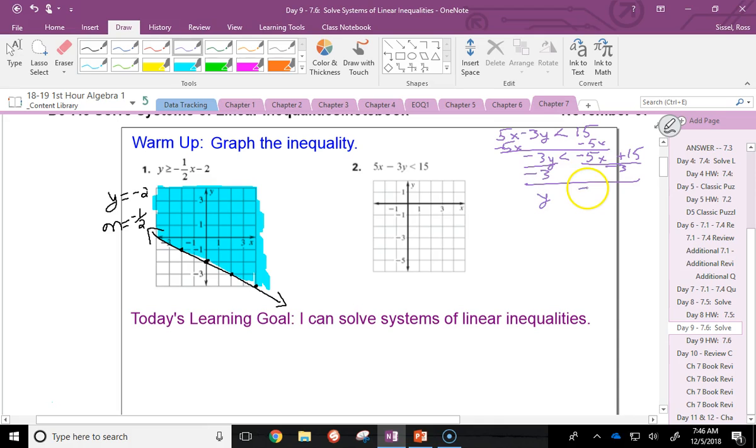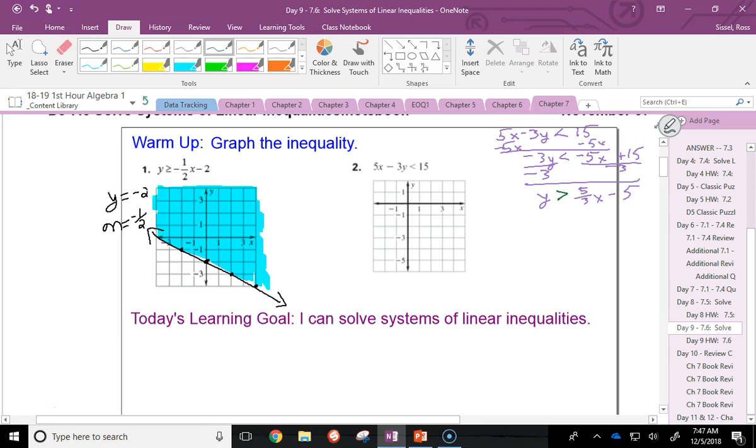Y is going to be a positive 5/3 x minus 5. What sign will I use? What's my inequality sign? Y greater than. Perfect. Remember, if you divide by a negative number, your sign must flip.